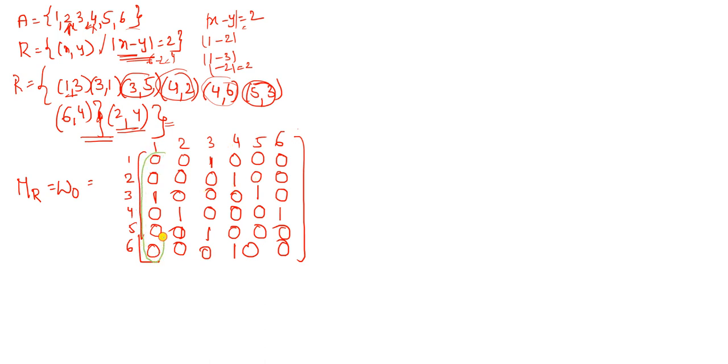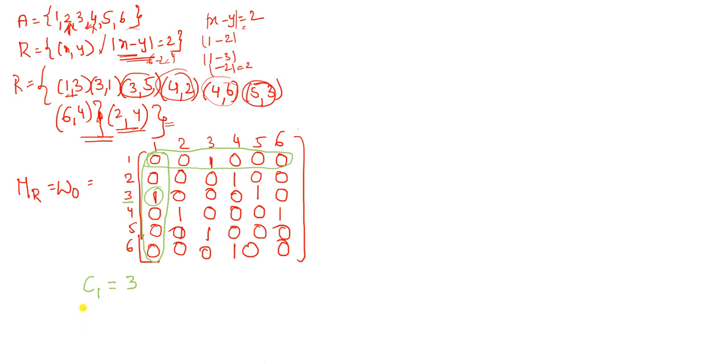We have to check the first column and first row. This is the first row, so where is the value 1? Check the first column, C1. Where is the 1 value? Here we have the 1 value. What is the position of the 1 here? 3, that is R3.